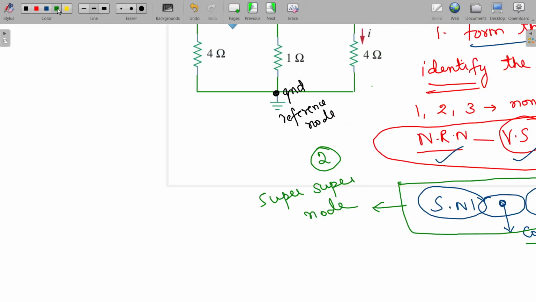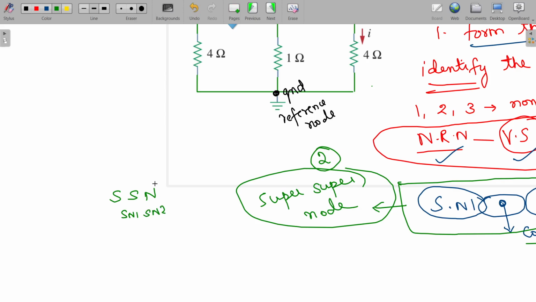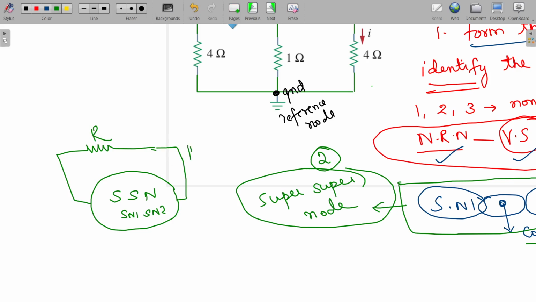In the second case also, you have the formation of this supernode. It is formed as a combination of SN1 and SN2. To this supernode also, you may have some parallel path in which some elements are connected. So this is a parallel path.